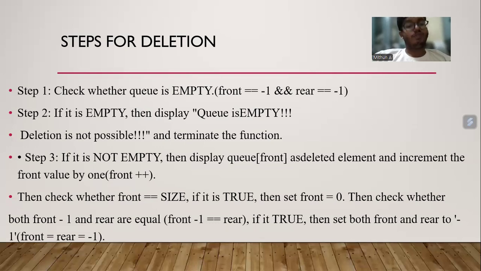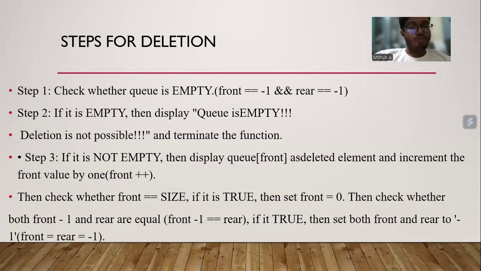If it is not empty and there are some values occupied in the queue, then we display queue of front as the deleted element and increment the front value by 1. Then we check whether front is equal to size or not.